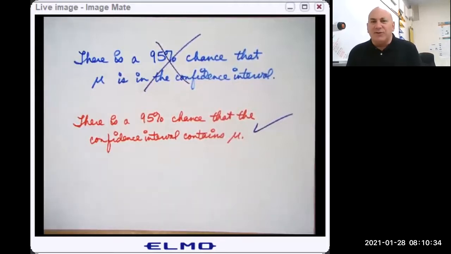There's a 95% chance that that sample contains mu. It's subtle, but very important. There's another field of statistics where you actually do make probability statements about the parameters themselves. That's beyond the scope of this course.